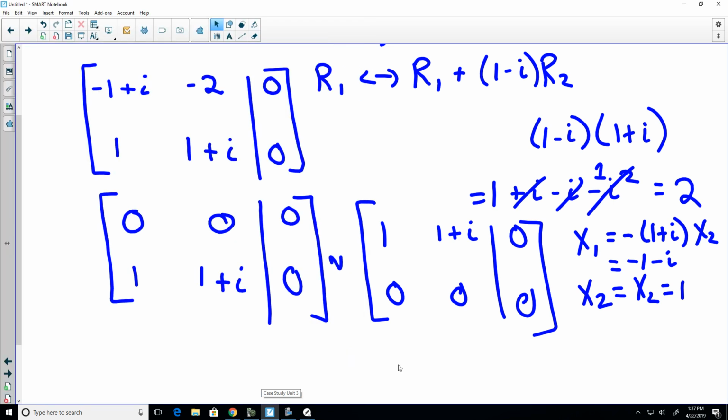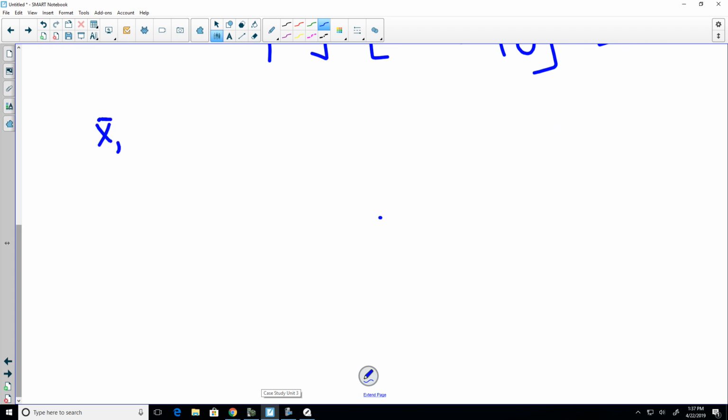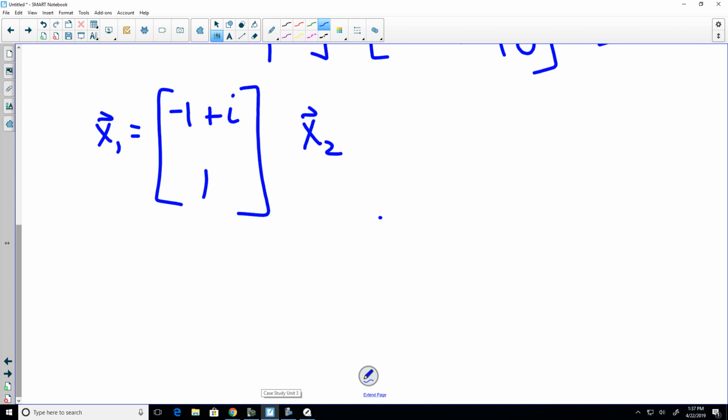Let's look at these two. So our first eigenvector was -1 plus i, 1. And our second eigenvector was -1 minus i, 1. So what do you think? They're also conjugates.